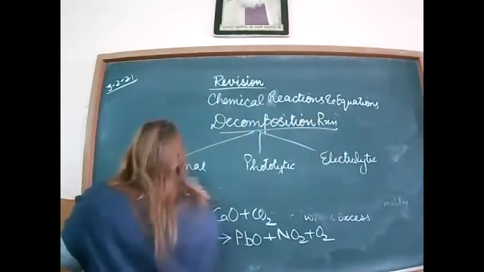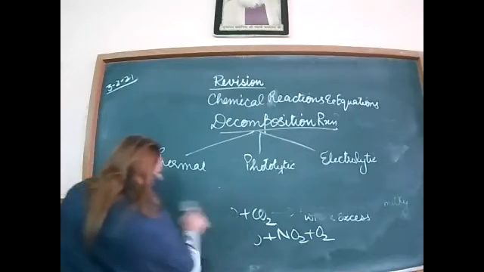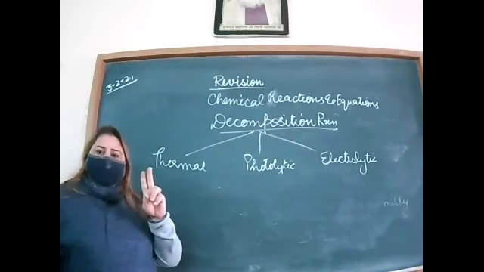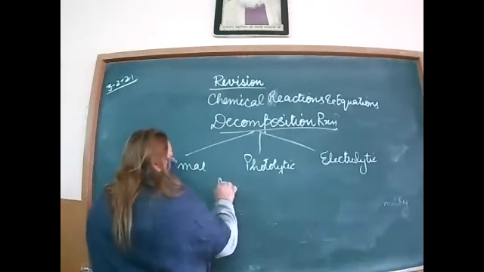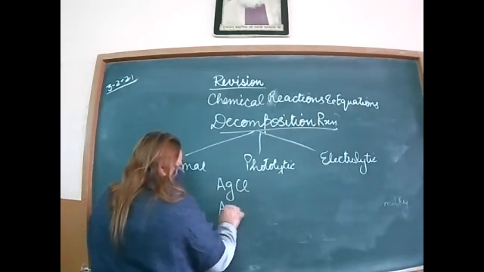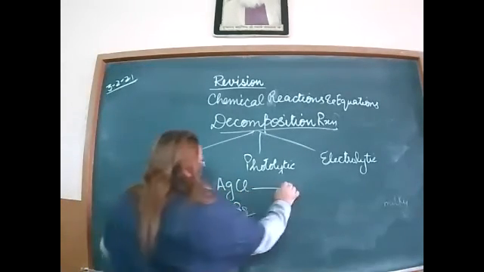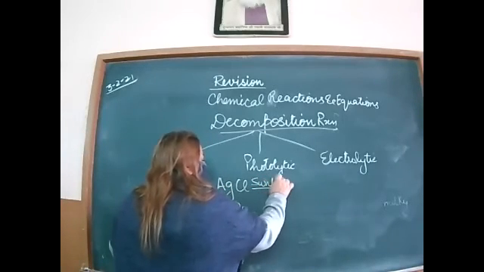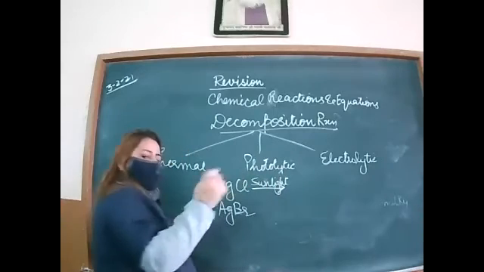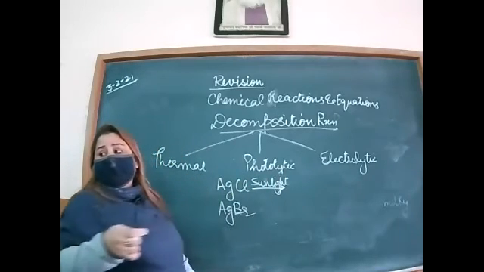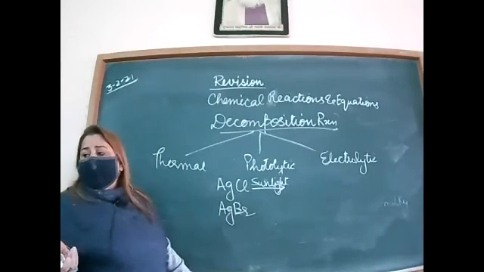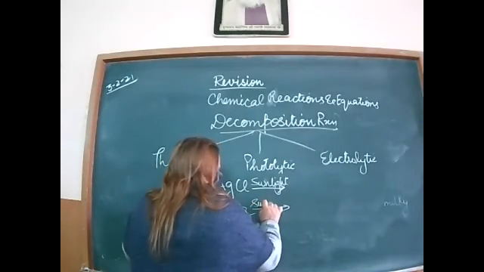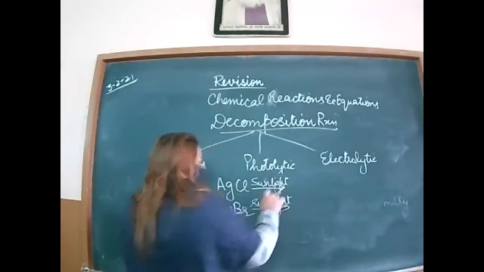Second is photolytic. In photolytic decomposition we had discussed 2 equations, right? Both are silver chloride and silver bromide. When it decomposes in the presence of sunlight or light, anything we can write, because when we are doing black and white photography, at that time we use the light, special UV rays or something, right?